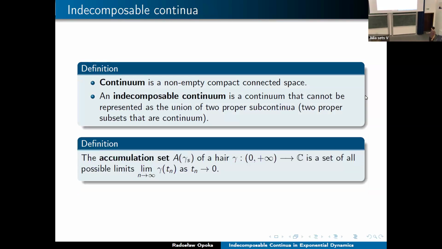And for every hair gamma S, we can define the accumulation set, which is also called the landing set, as the set of all possible limits of gamma of Tn, where Tn goes to 0.